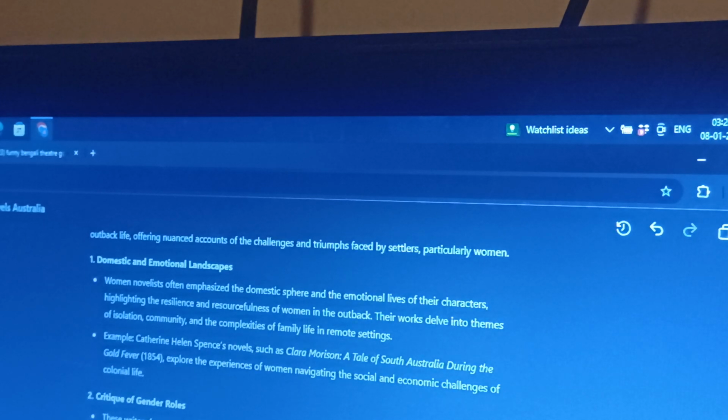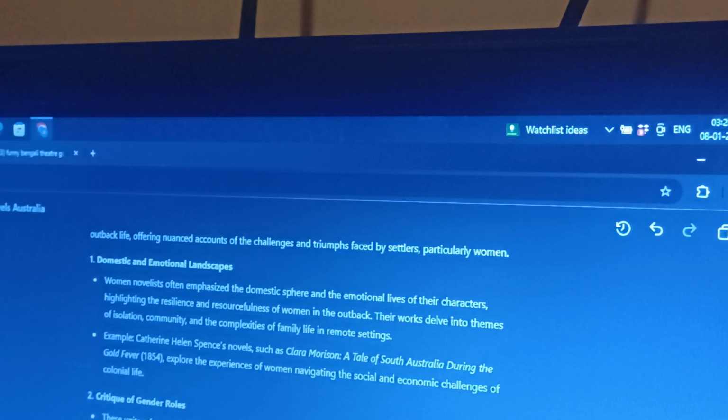Their work delved into themes of isolation, community, and the complexity of family life in remote settings. Example: Catherine Helen Spence's novels, such as Clara Morison: A Tale of South Australia during the Gold Fever of 1854, explored the experiences of women navigating the social and economic challenges of colonial life.